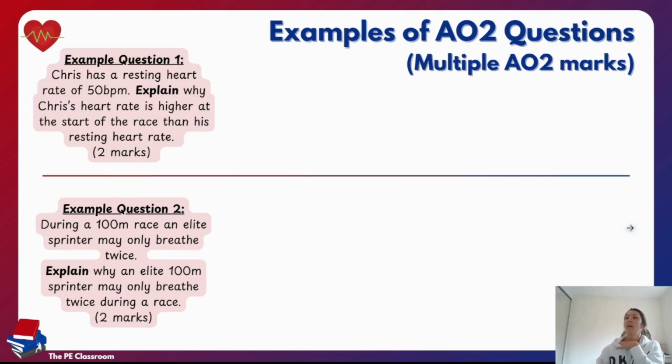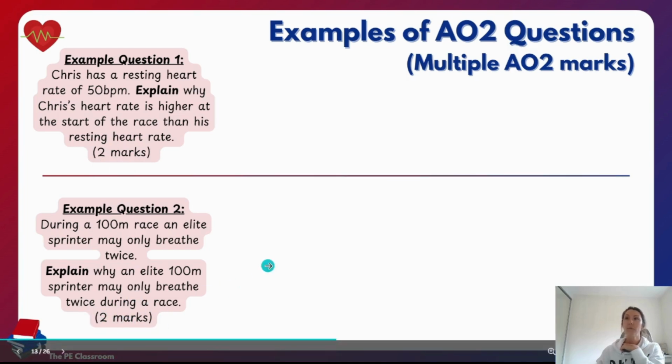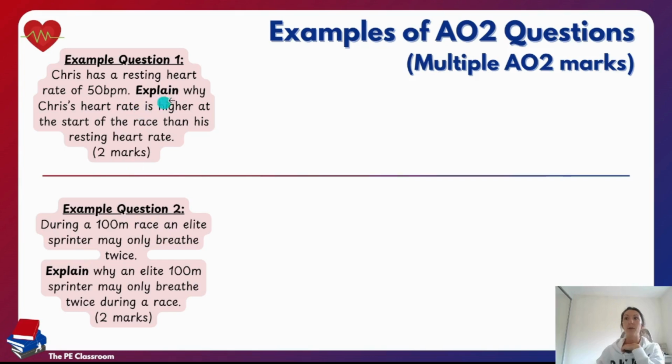Okay, the next one then is still AO2, but it is multiple AO2 marks. So I'm just going to point out here that they are both worth 2 marks. Okay, and I've just put in bold there the command words, so they're both explain. So these are requiring a bit more detail. So straight away we can recognise that it's an AO2 question because it's asking you to explain. Both questions have given you a scenario.